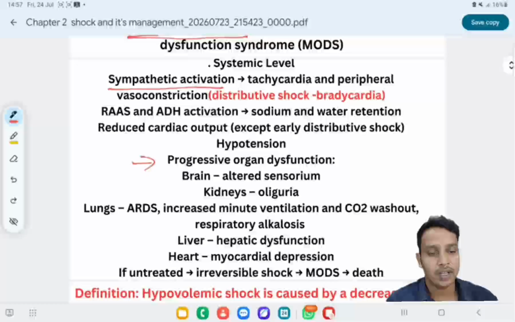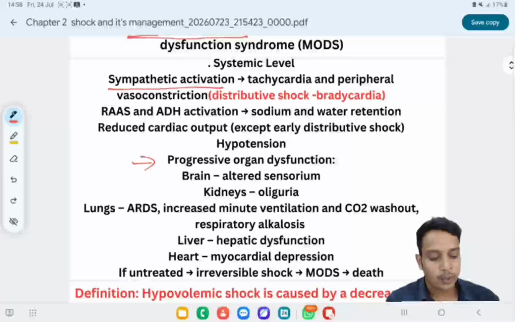So whenever there is increased minute ventilation or increase in respiratory drive, there is a carbon dioxide washout from the respiration, leading to compensatory respiratory alkalosis. Also there is a myocardial depression. So whenever this happens in two or more organs, there is MODS, and this leads to irreversible shock and ultimately death will happen.